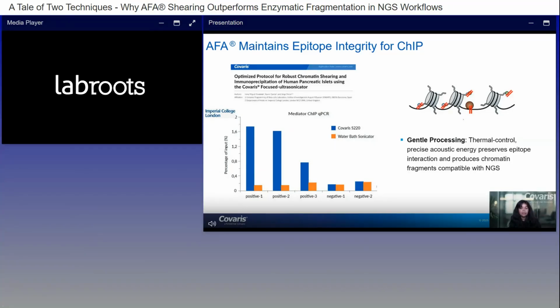So by looking at the water bath sonicator in orange, we can see that these samples yielded a very low ChIP qPCR signal, indicating that the epitope was compromised during sample processing.